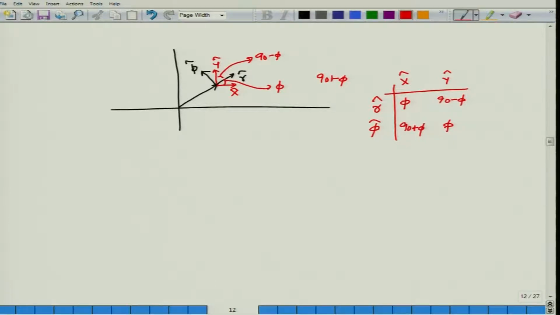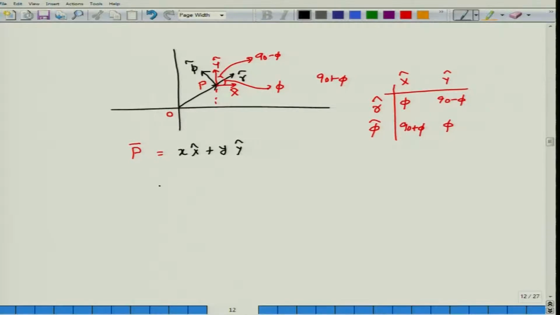Okay. Now let us call this point P. So I know how to specify the position vector P. Well, I know the values of x and y at this point, so I can specify this as x x hat plus y y hat.